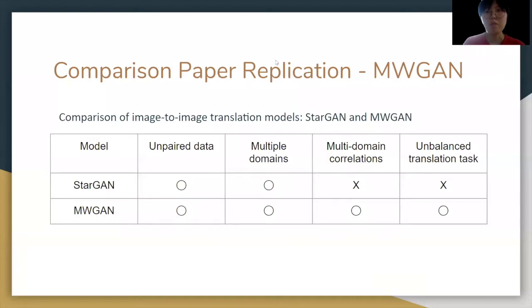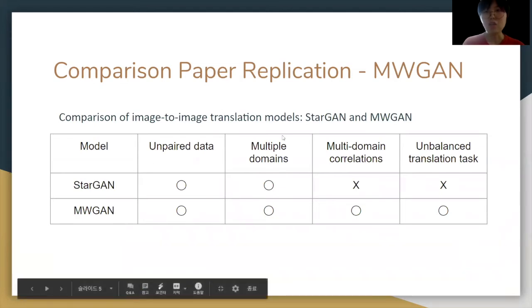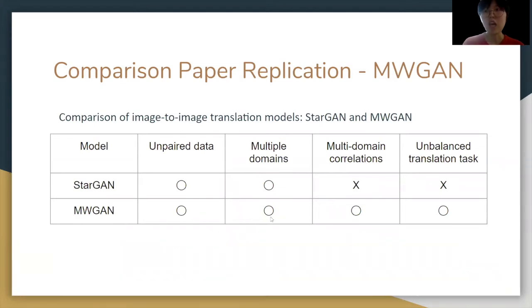Now I will talk about another comparison paper model, multi-marginal Wasserstein GAN, and its replication. You can see MWGAN's characteristics compared to StarGAN in this table. They both do not require paired data and can do multi-domain translation tasks without creating multiple individual networks.